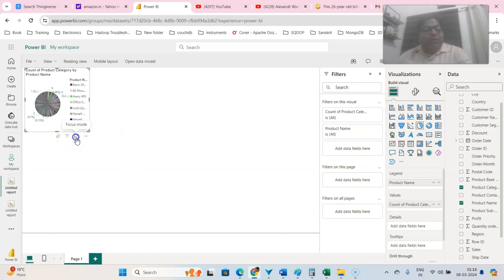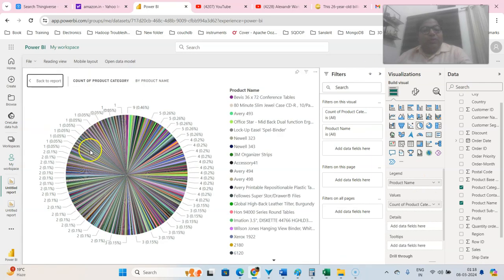If you get this kind of data, you can see a lot of partitions are there. So this data is actually of no use. We cannot make any decision from this graph. So whenever we are using the pie chart, the number of partitions should not be very high.